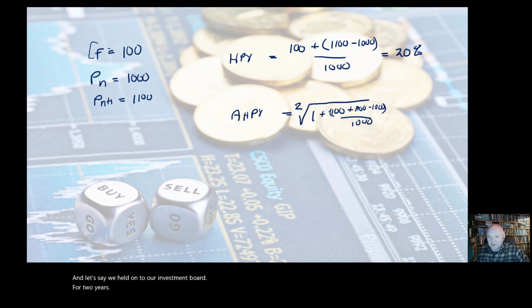Let's make it 3 years. And again, we have to subtract 1 from that at the very end of the process. So if we take 1.2, the third root of 1.2, that gives us a value.